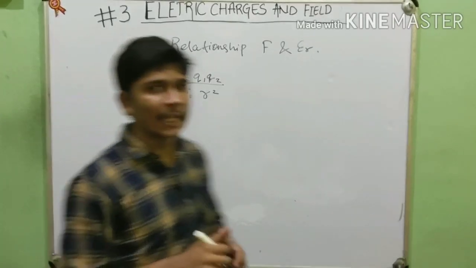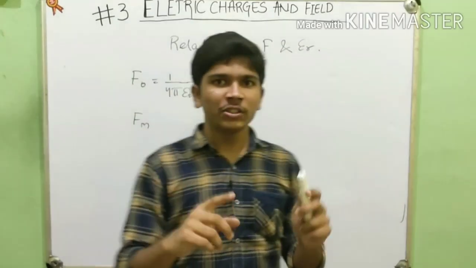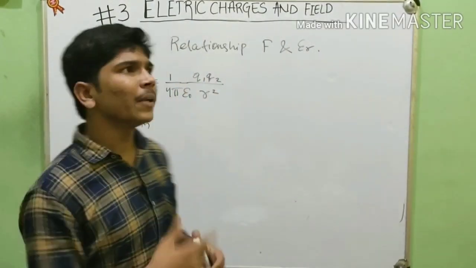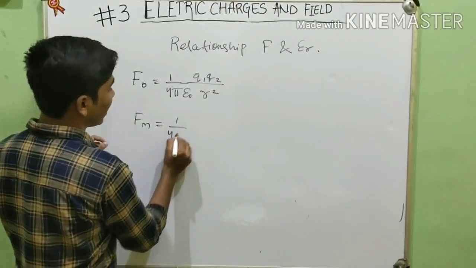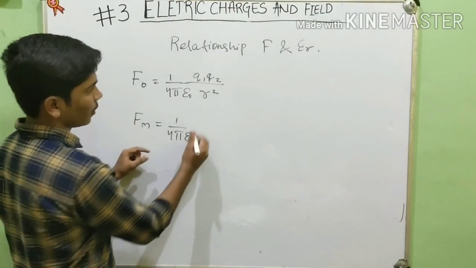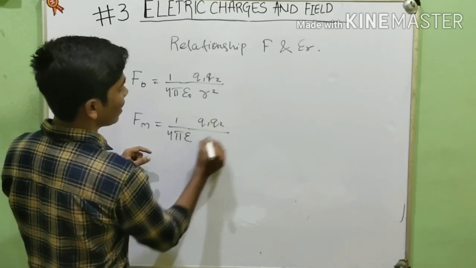If I keep the charges Q1 and Q2 in a medium, maybe a liquid, what is the force? It is 1 by 4 pi epsilon times Q1 Q2 by r square.